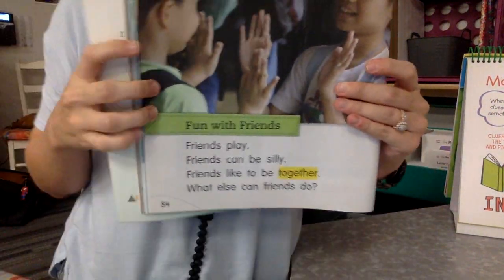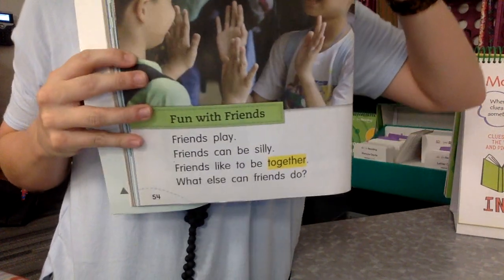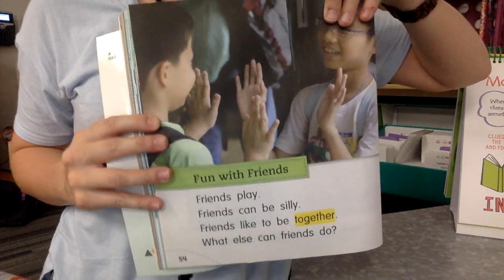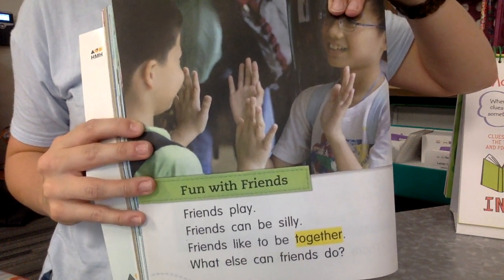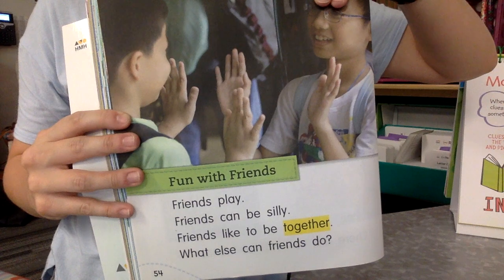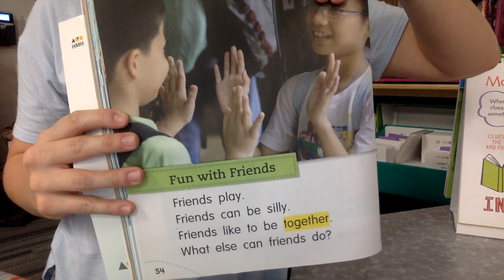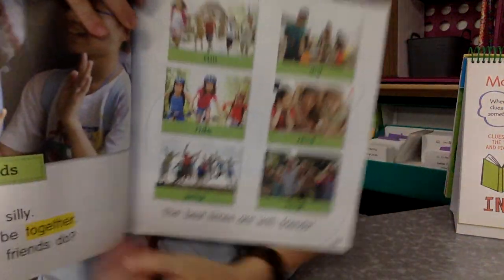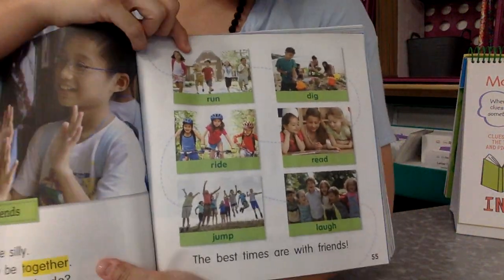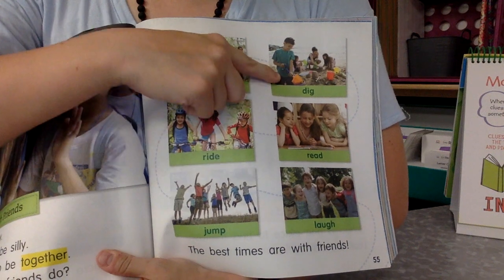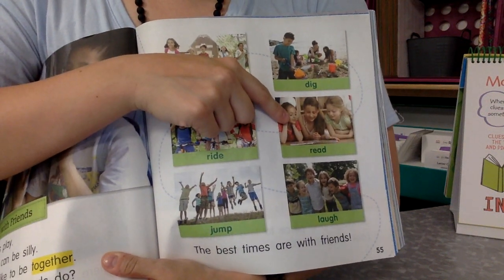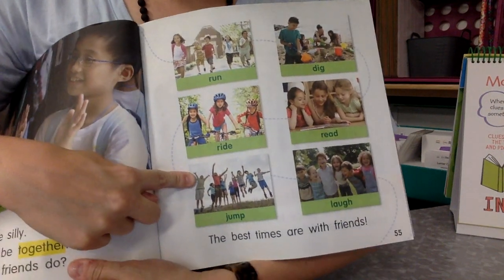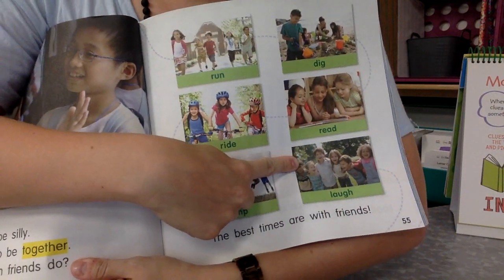Fun with friends. Friends play. Friends can be silly. Friends like to be together. What else can friends do? Run, dig, ride, read, jump, and laugh.